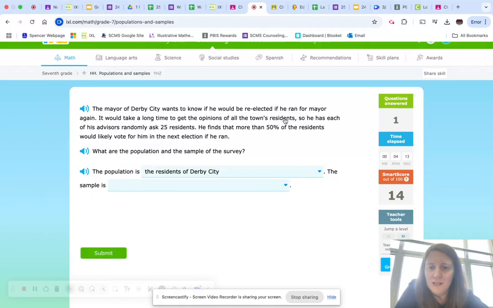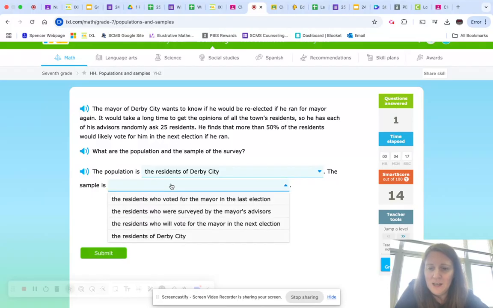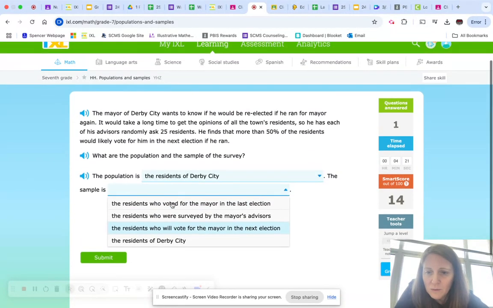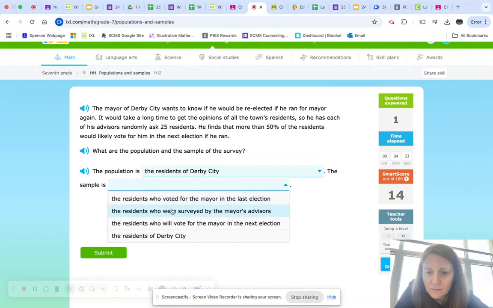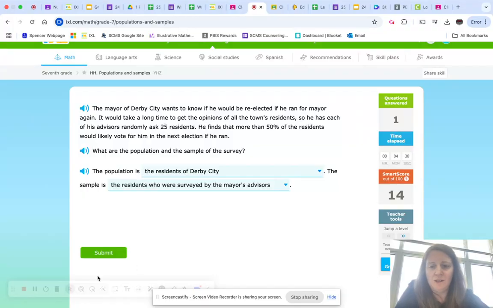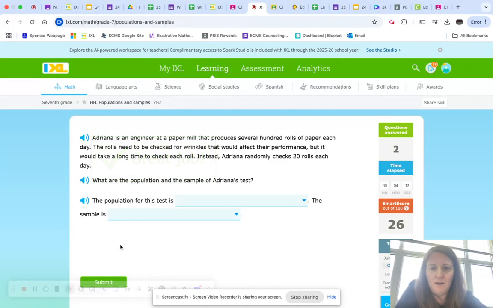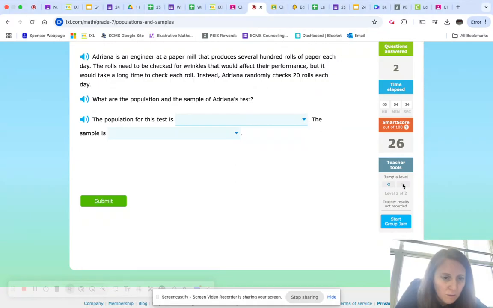And then he randomly asks 25 residents. And so the sample would be the residents who were surveyed by the mayor's advisors, the 25 residents that they surveyed.